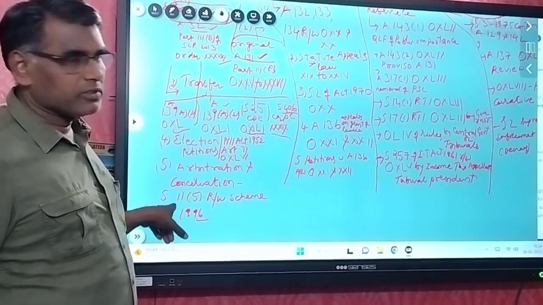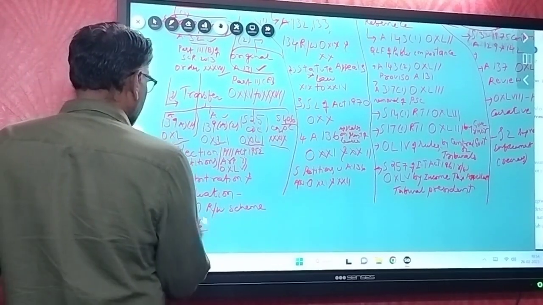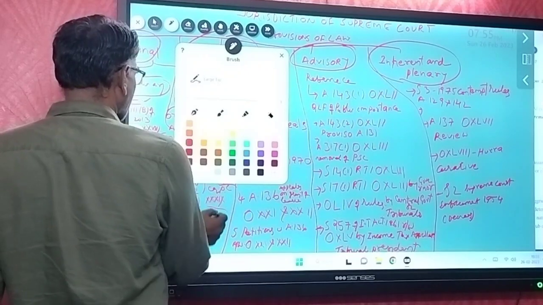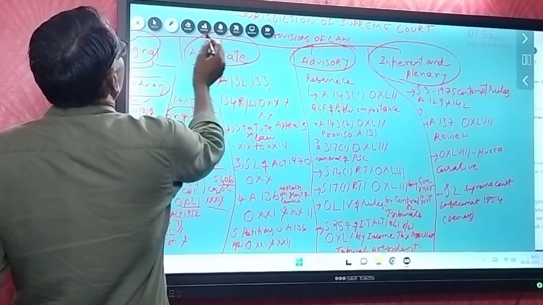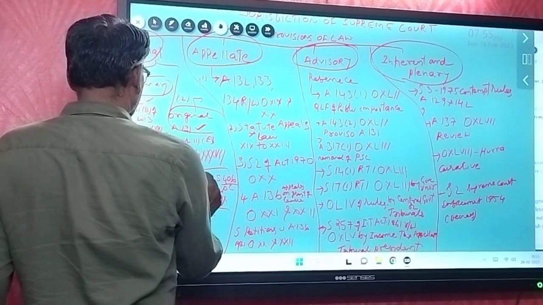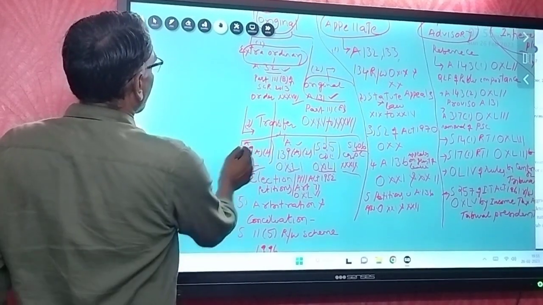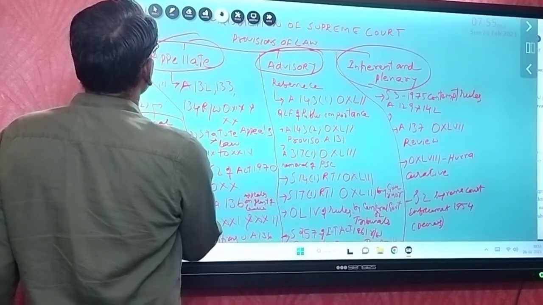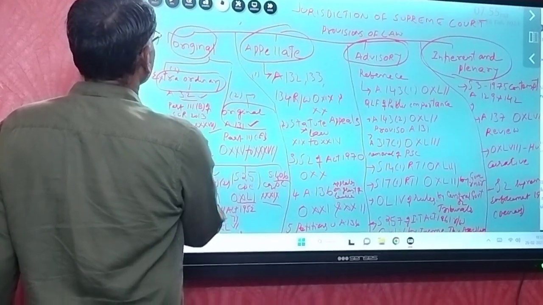It is also original jurisdiction. It comes from 1996 onwards. So this is regarding the original jurisdiction of the Supreme Court.